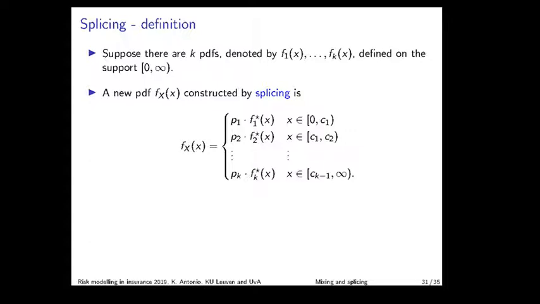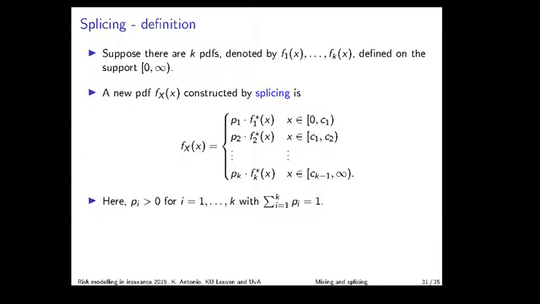For a loss x between 0 and c1, the density is specified as p1 times f1 star. For a loss between c1 and c2, the density is p2 times f2 star, and so on and so forth. Well, those p's, p1 up to pk, they act in this construction as weights, so they must be positive and sum up to 1.